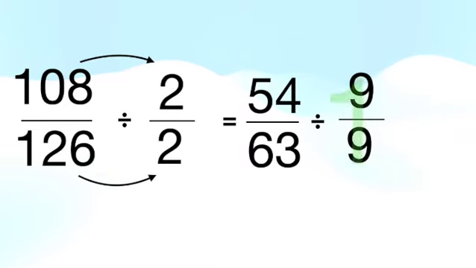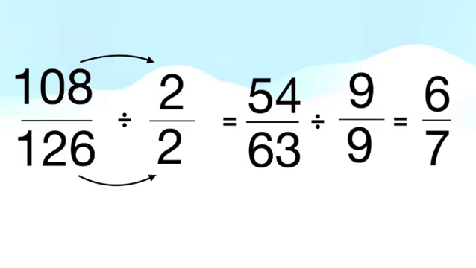And if they've studied it enough, they should recognize that both of those numbers are on the 9s row. 63 and 54 both are divisible by 9. So we divide by 1 in the form of 9/9, and you get 6/7. As you can see, the key to being able to do this well is knowing those multiplication facts.